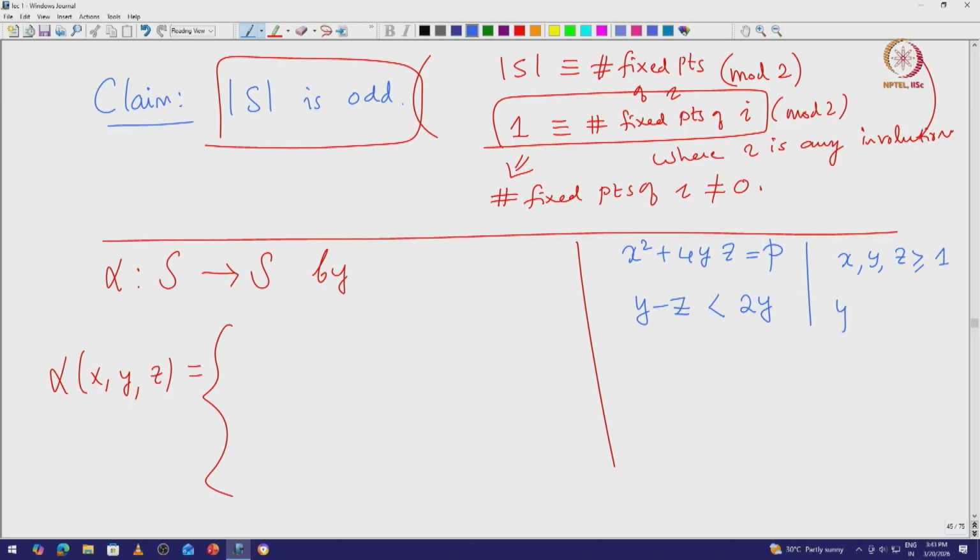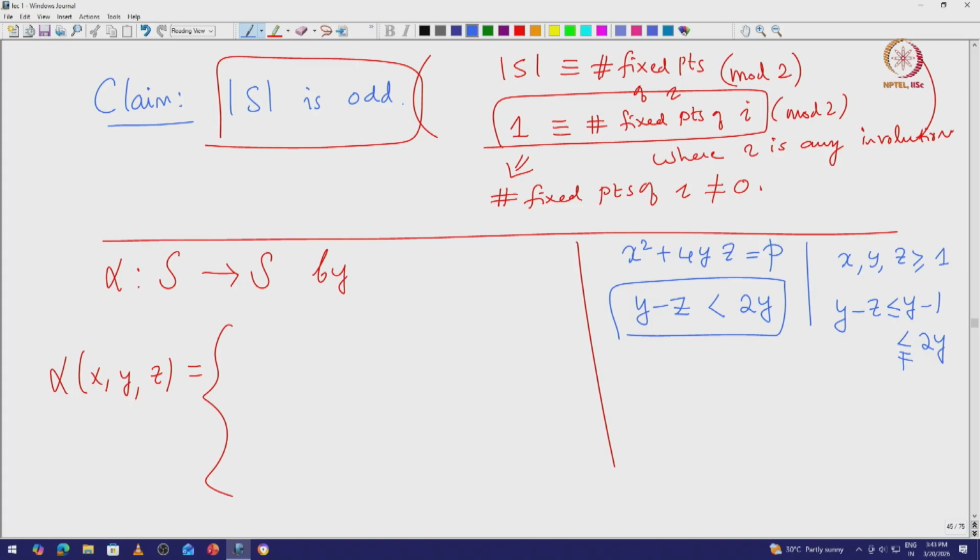That would tell you that y minus z is less than or equal to y minus 1, which is strictly less than 2y, because y is greater than or equal to 1. So, that means y minus z is always less than 2y.